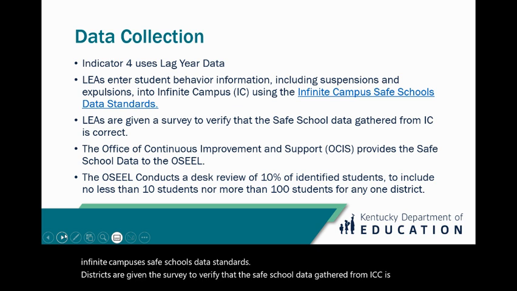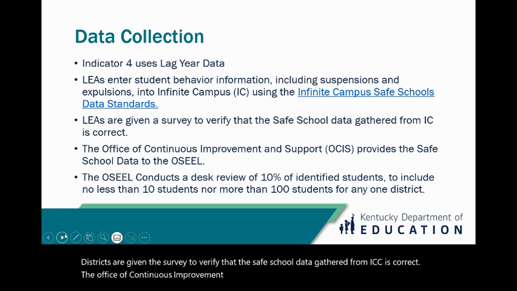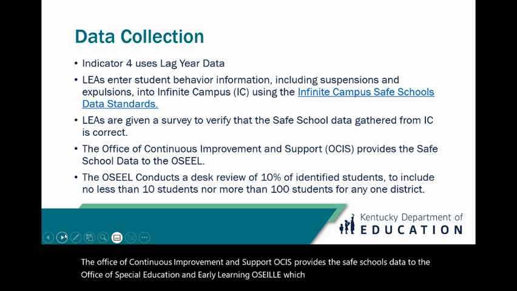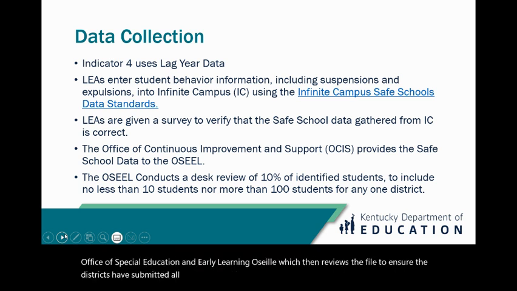The Office of Continuous Improvement and Support, OCIS, provides the Safe Schools data to the Office of Special Education and Early Learning, OCEAL, which then reviews the file to ensure the districts have submitted all required data.